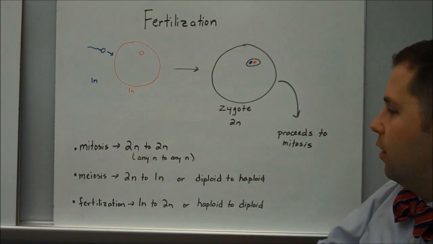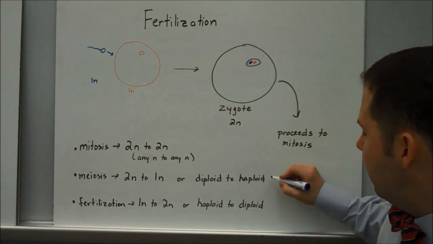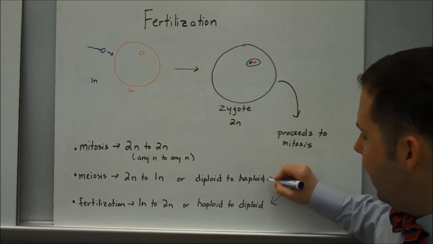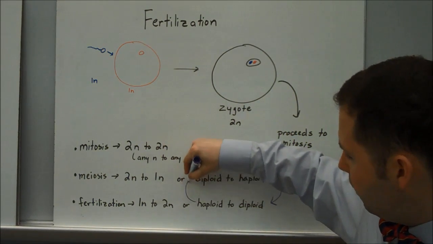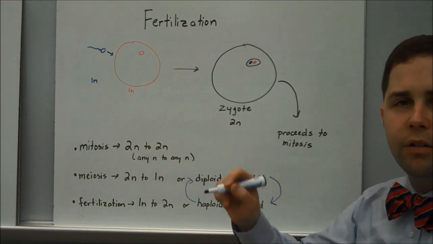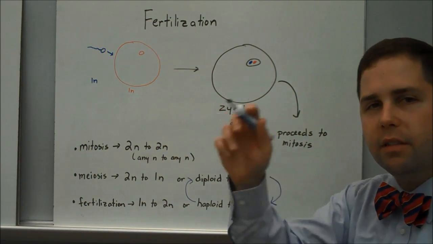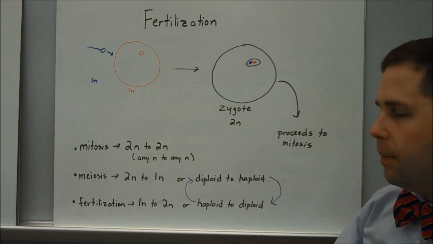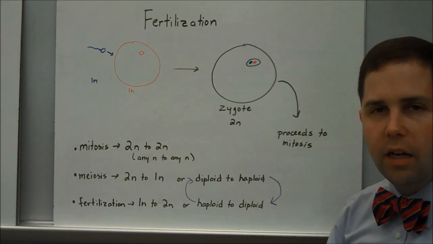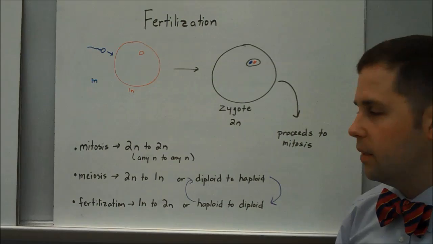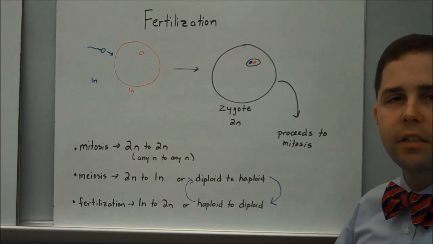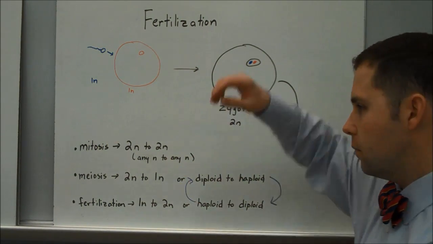And so this cycle between meiosis and fertilization allows us to go from diploid to haploid and back to diploid. We'll go through meiosis, go through fertilization, go through meiosis, go through fertilization. And this will become important when we talk about genetic differences between organisms. This is the crux of where genetic differences come from.